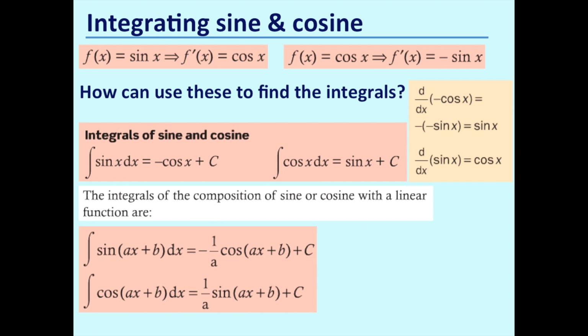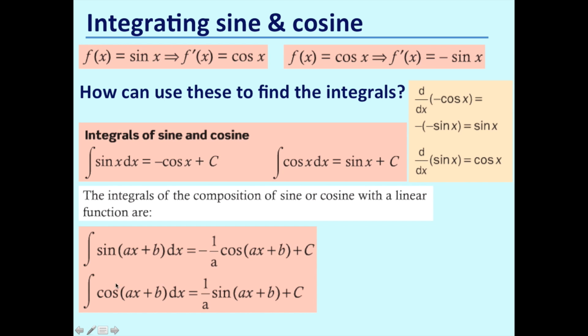When we are looking at the composition of sine or cosine with a linear function, again, if we were starting off with, for instance, cos(ax + b), and we wanted to integrate that with respect to x, what would our function be such that once we had differentiated it, we would end up with cos(ax + b)?